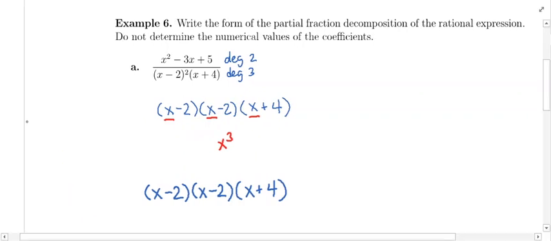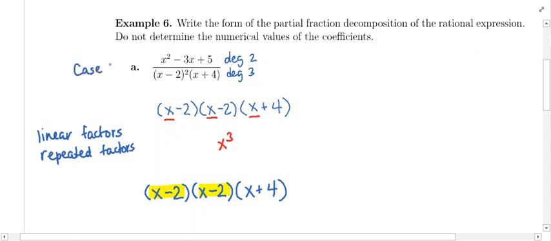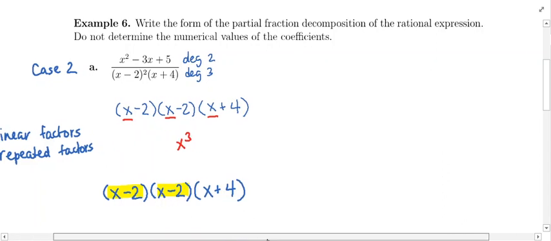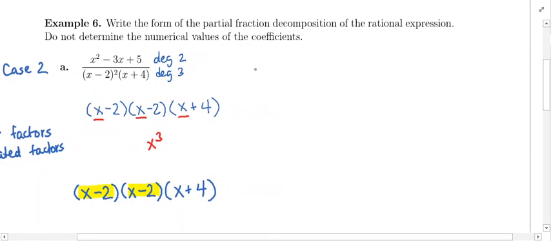So what we see here is we have linear factors and we do have repetition. This x minus 2 appears in the factorization twice. So we do have repeated factors. So this is going to be case 2, where we have repeated linear factors. All we're going to do here is set up the partial fraction decomposition.